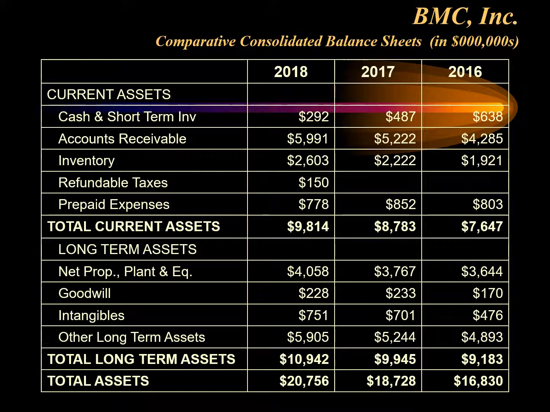Also, please note that this is a fictitious company that I just made up, BMC Incorporated, and every company doesn't have the same accounts. So like my company here has accounts receivable, some companies don't. So not every company will have every one of these accounts. Likewise, there are many companies that will have additional accounts that I don't have included here.